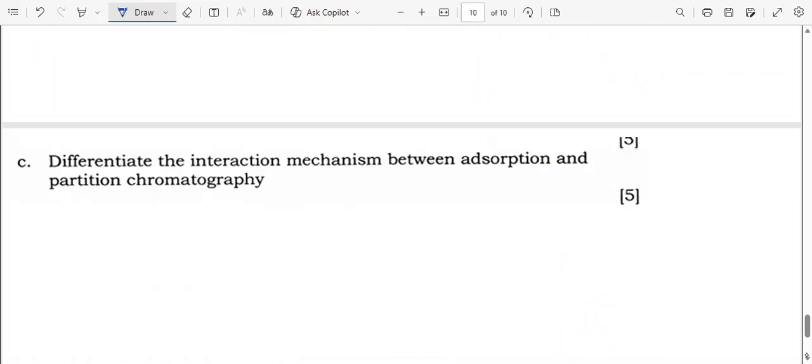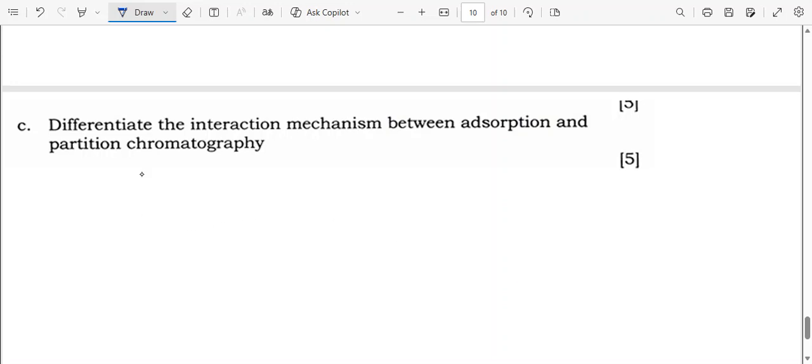So let's look at how to differentiate the mechanism between adsorption and partition. What's the difference between partition and adsorption in this chromatography? One thing I can assure you is that first you can come up with a table like that.